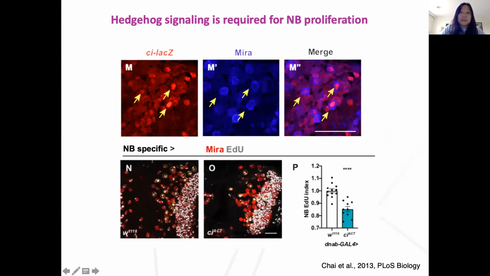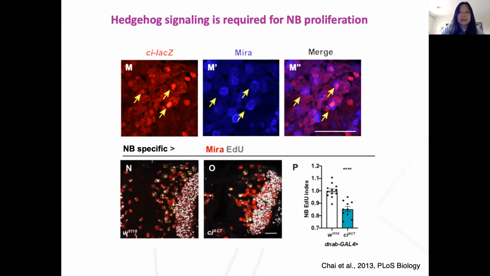So what this suggests is that hedgehog could be playing a role, and if it does so, then it would suggest that hedgehog signaling must be active in the neurostem cells, and this appears to be true. So Joanna then went on to have a look at a readout of hedgehog signaling called cubitus interruptus.